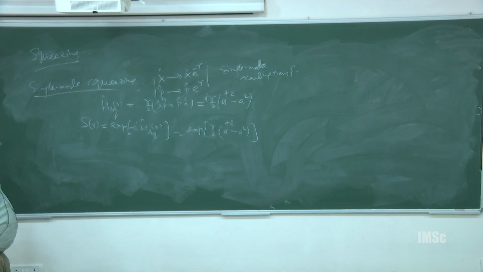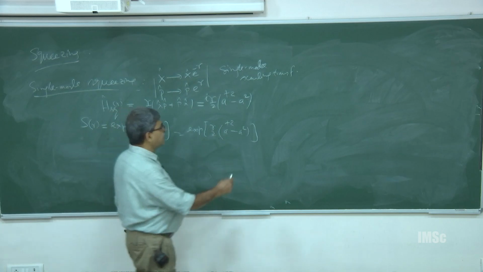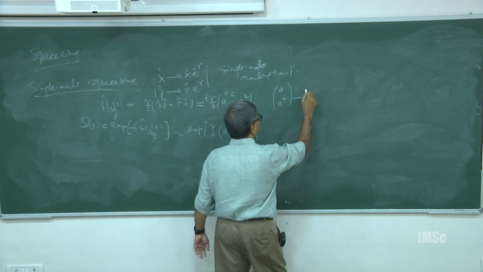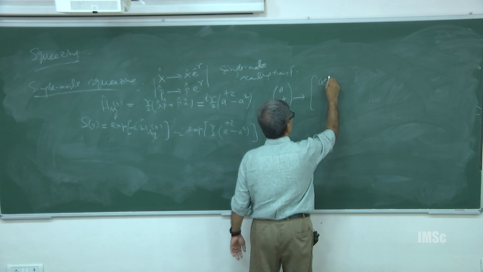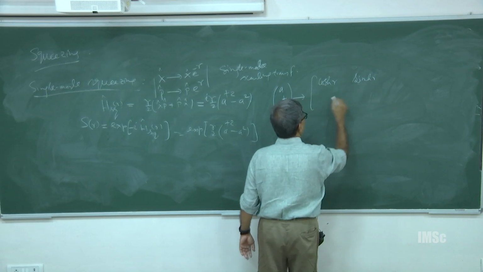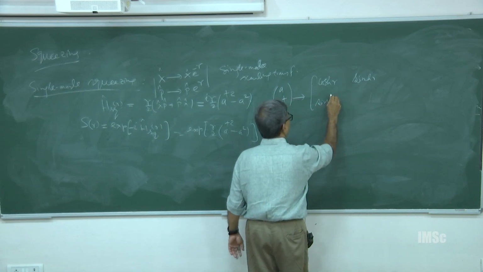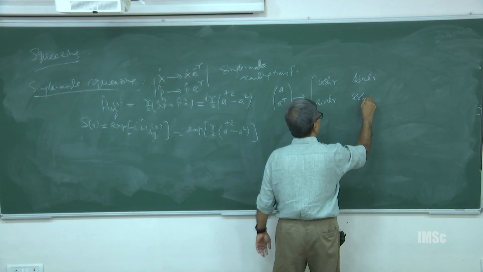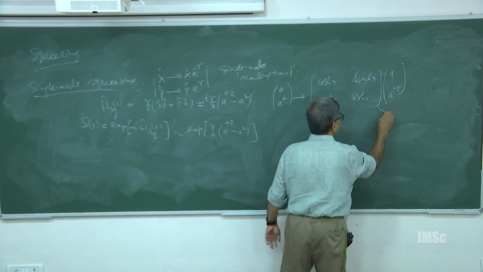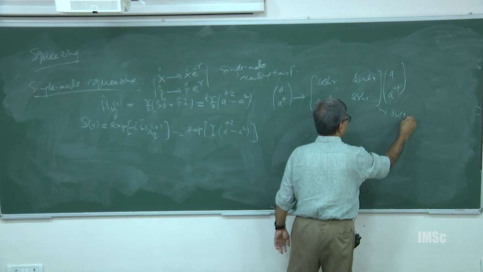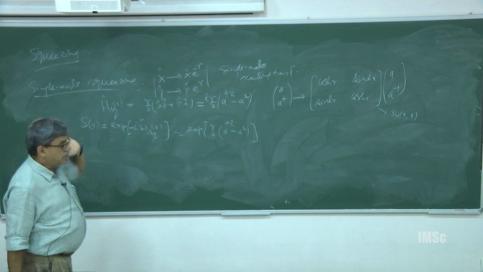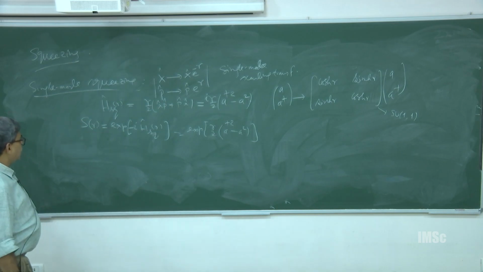And the transformation is from a, a dagger, it goes to the matrix cos hyperbolic r, sin hyperbolic r; sin hyperbolic r, cos hyperbolic r, acting on a, a dagger, and this is your SU(1,1) matrix. Okay, 1 plus 1 dimension. Okay, good.